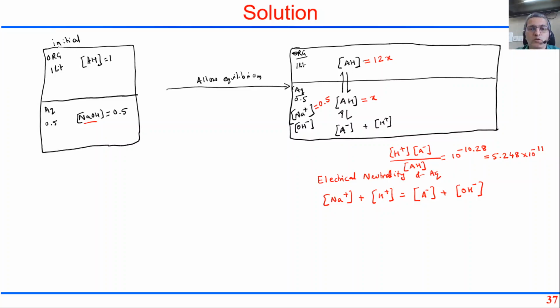They must also be related by the ionic product of water. Don't you agree? In addition, because it's an aqueous solution, H plus into OH minus would be 10 raised to minus 14, the ionic product of water.